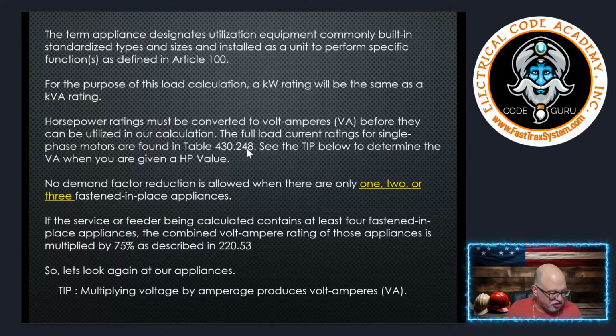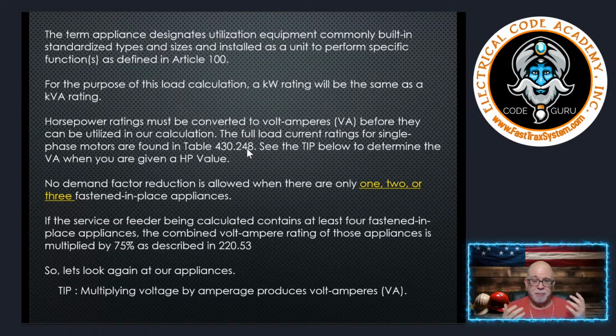Now, an interesting question that people raise, and we'll go look at the code. In the 2023 edition of the NEC, people ask me all the time, is an EV charger an appliance? Well, yes, it's an appliance. It's made in standardized sizes, but specifically, when we're looking at appliances in 220.53 for the 2023 edition of the NEC, it specifically excludes EV charging systems from being considered an appliance in order to be part of this reduction that you get when you have 4 or more fastened in place appliances, okay?